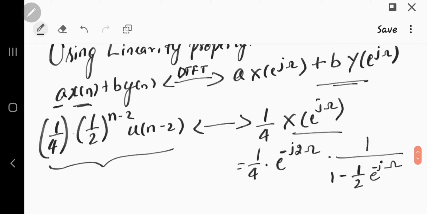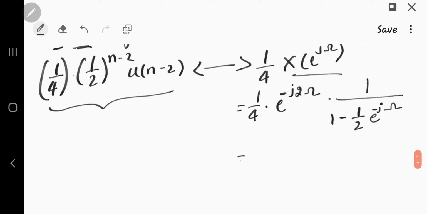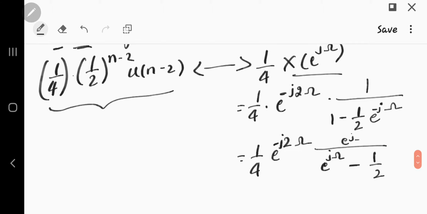Now if you want, you can go further step by taking the LCM for this term. You can end it here itself, or you can go further. So you will get e power j omega minus 1 by 2 in the denominator.